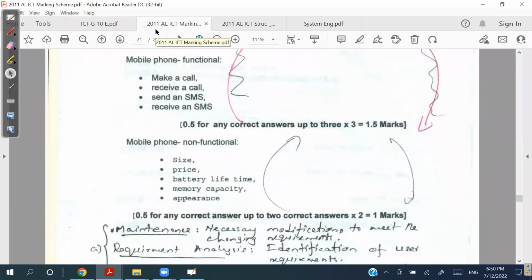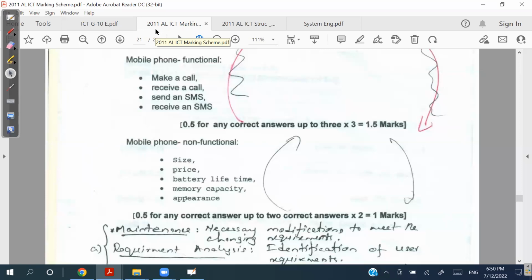And when it comes to the non-functional requirements, they have said size, price, battery lifetime, memory capacity, appearance, those kinds of things. And again, use the IEEE standards when you are writing this. The mobile phone shall be of a size that a user can use easily. The price of the mobile phone should be affordable for a particular user.